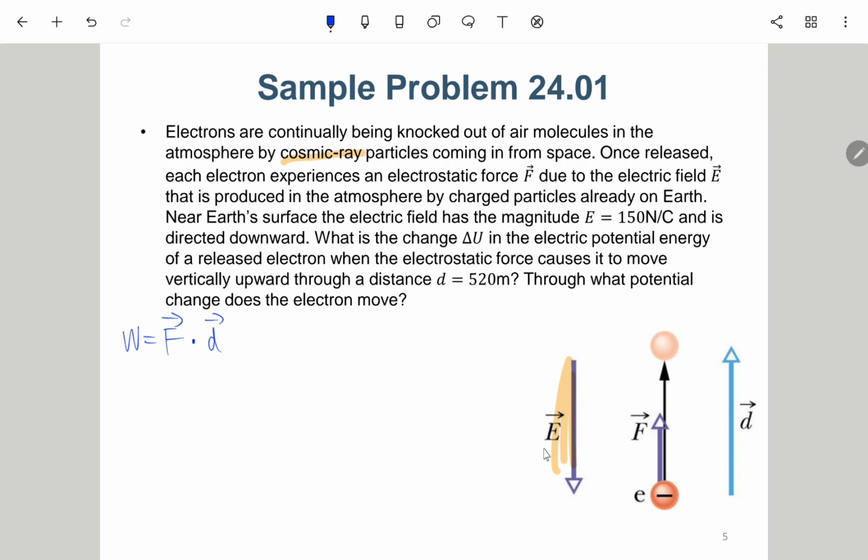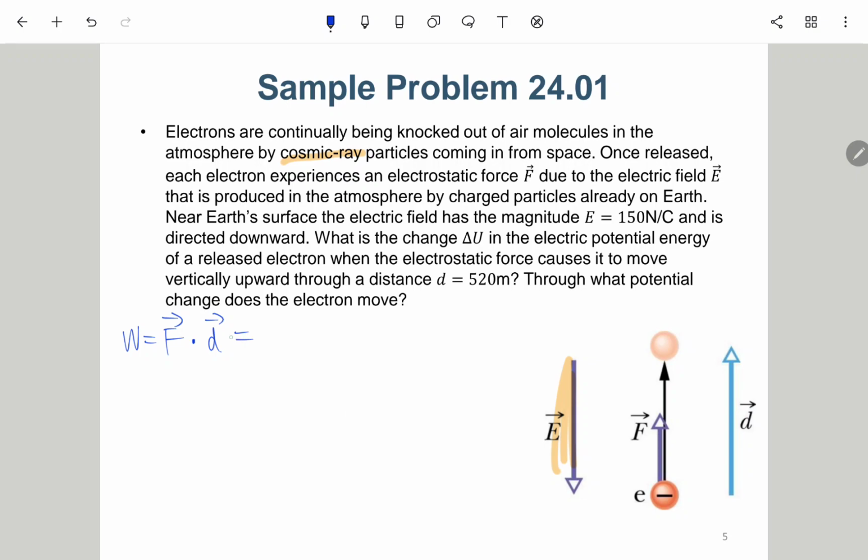So the Coulomb's force acting on this electron will be pointing upward. And we also assume that the electron also moves vertically upward. So actually d is also pointing upward. So F and d point to the same direction. So F dot d will be a positive value.